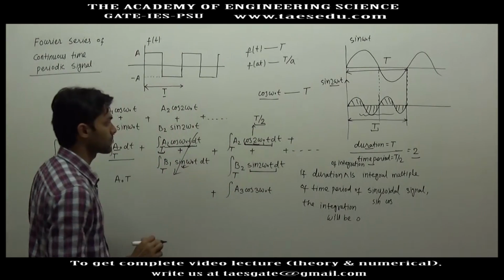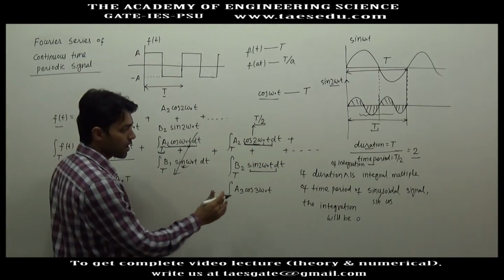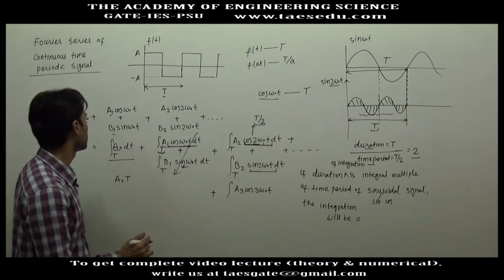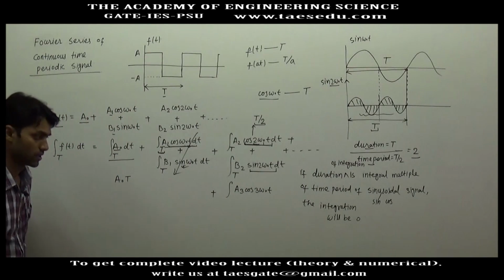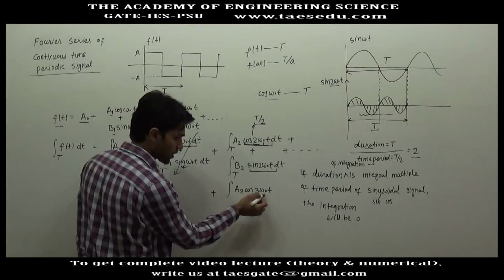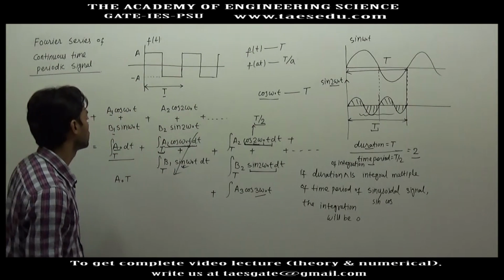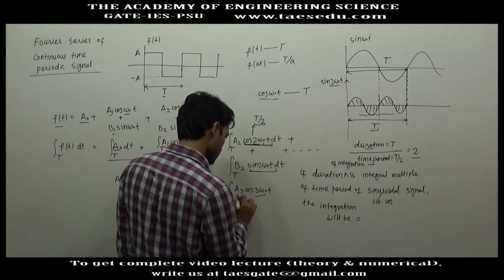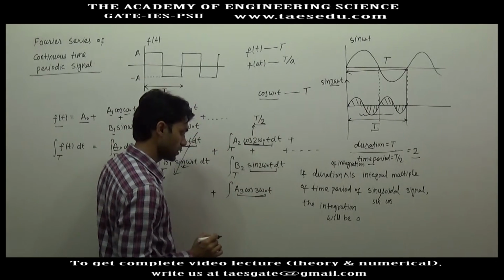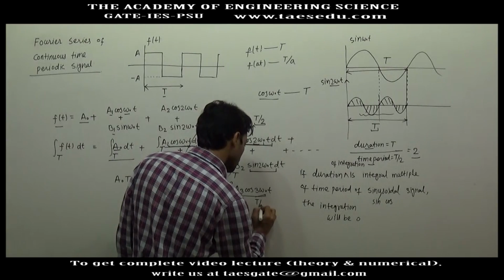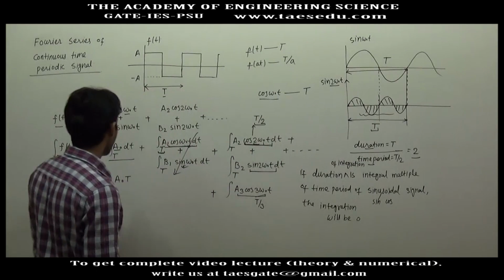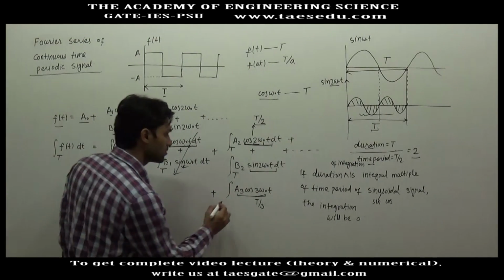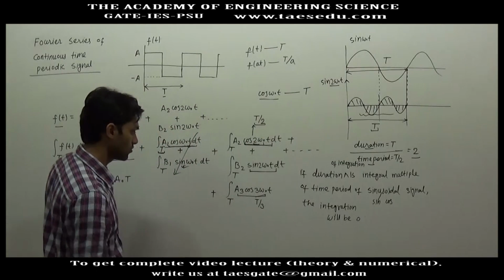Now in Fourier series, the frequencies of all the harmonics are integral multiples of the fundamental component. So if we talk about the third harmonic, its time period will be T by 3, and we are integrating for a duration of T. So what does it mean?